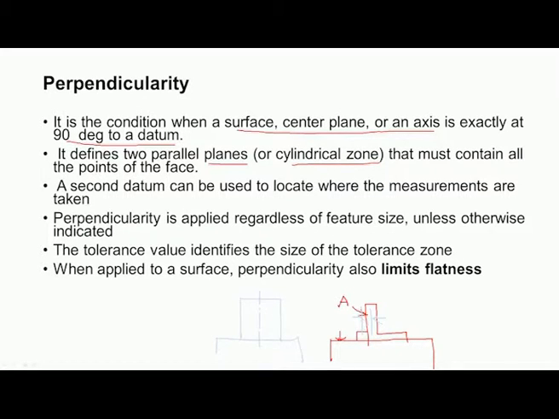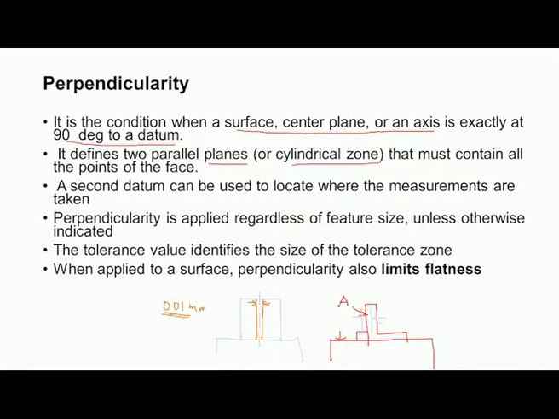So, if the perpendicularity condition is given to the axis, and say the perpendicularity should be within 0.01 millimeter, now we have to consider a cylinder here, the diameter being 0.01, that is the specified value.